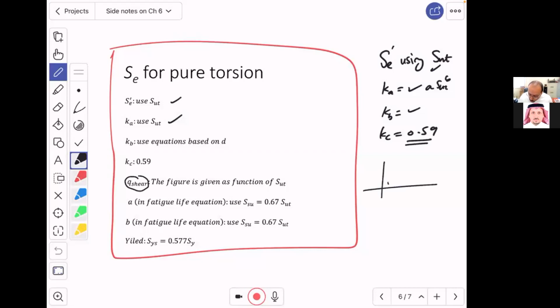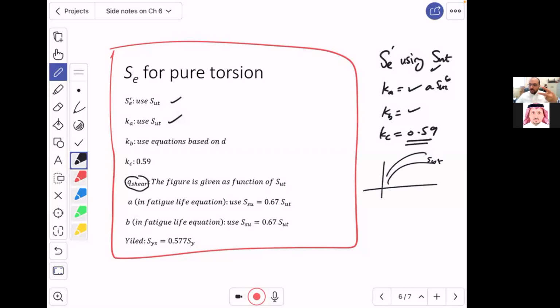However, the curves were given as a function of SUT. So instead of giving them to you as a function of ultimate shear, they gave them to you as a function of ultimate tension. So don't worry about it. Use the ultimate tension for the material in that figure, and you will find the Q shear for the shear loading.